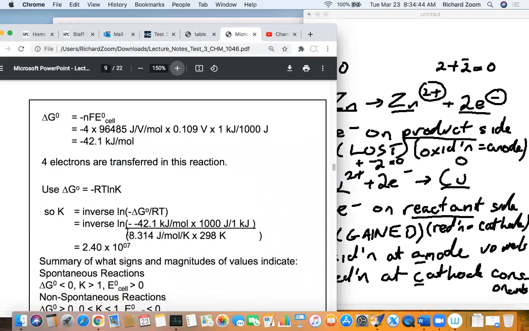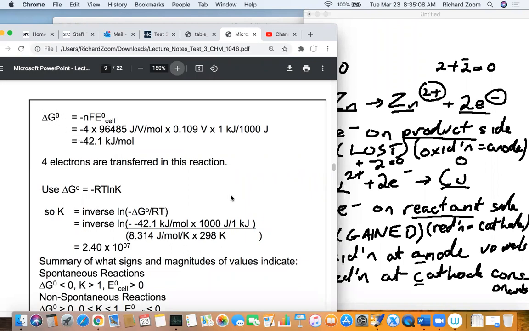The K can be calculated, and again, we looked at this, or hopefully you looked at the video from last week. The K is going to be calculated by doing the inverse natural log of negative delta G naught over RT. The delta G naught is calculated from the previous line up here.